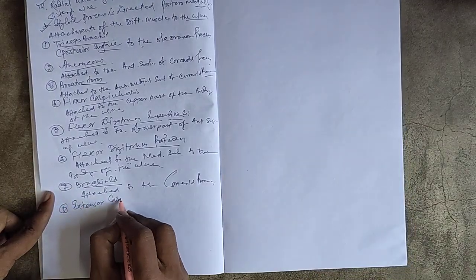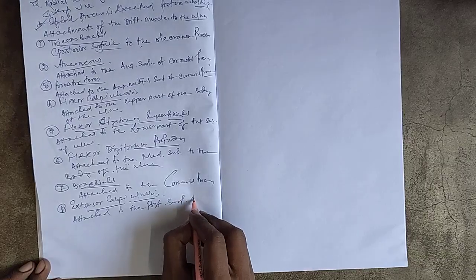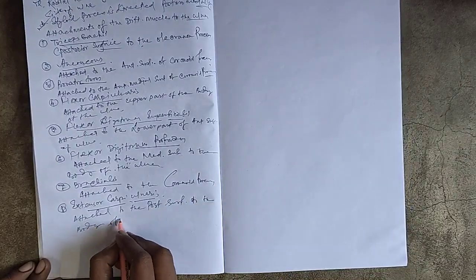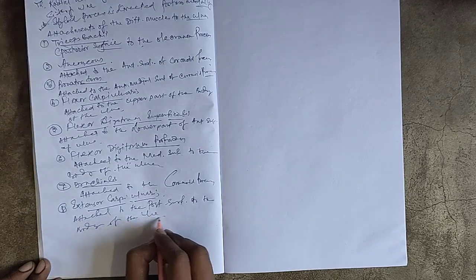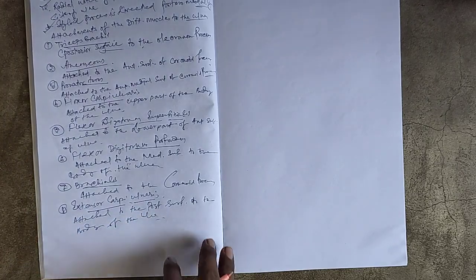Number 8, the extensor carpi ulnaris is attached to the posterior surface of the body of the ulna. So these are some of the muscles which are attached to the ulna bone.